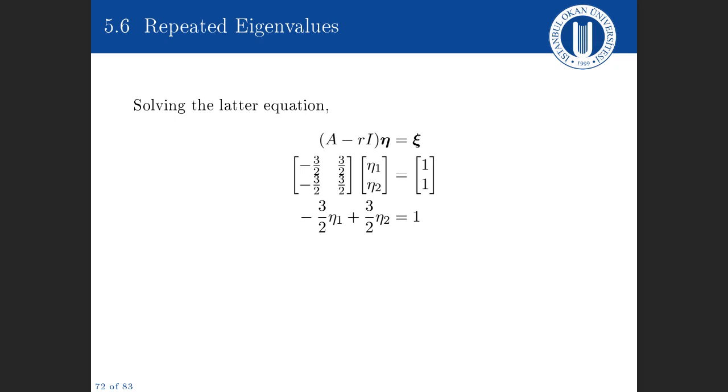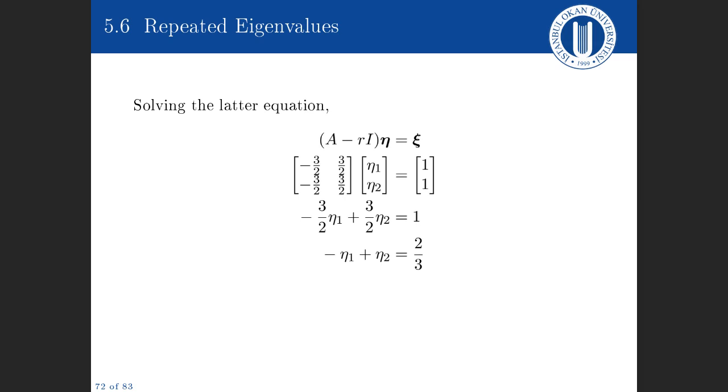Or minus 3 over 2 eta 1 plus 3 over 2 eta 2 is equal to 1. Multiply everything by 2/3 to simplify a little bit. That's the same as minus eta 1 plus eta 2 is equal to 2/3. We need any vector which satisfies this equation.